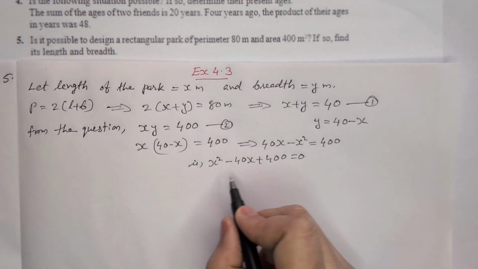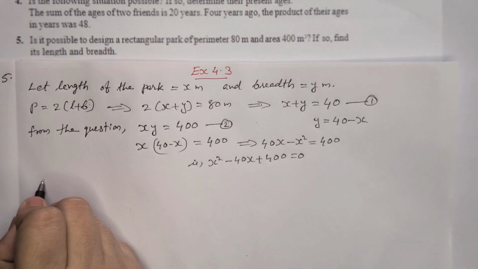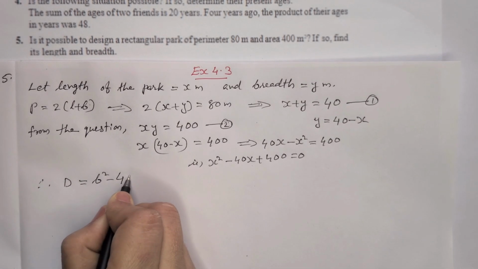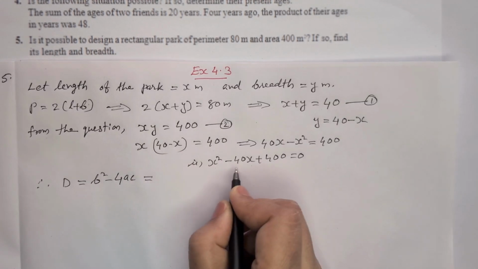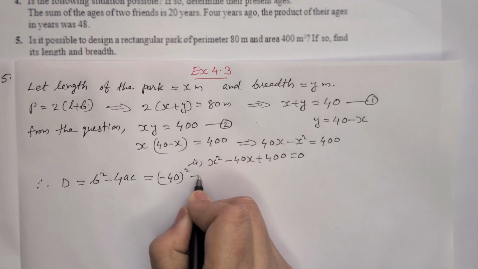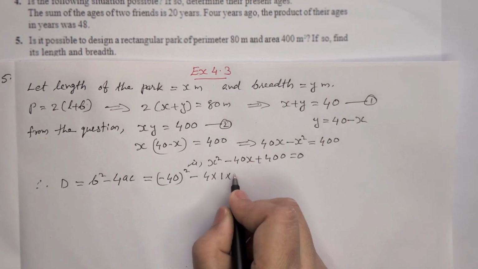This is a quadratic equation. We have to find the discriminant D. Therefore, D is equal to b square minus 4ac. Here b is minus 40, minus 40 square minus 4 into a is 1, c is 400.